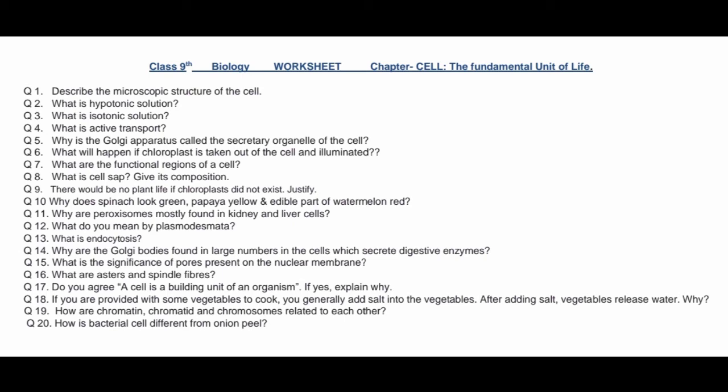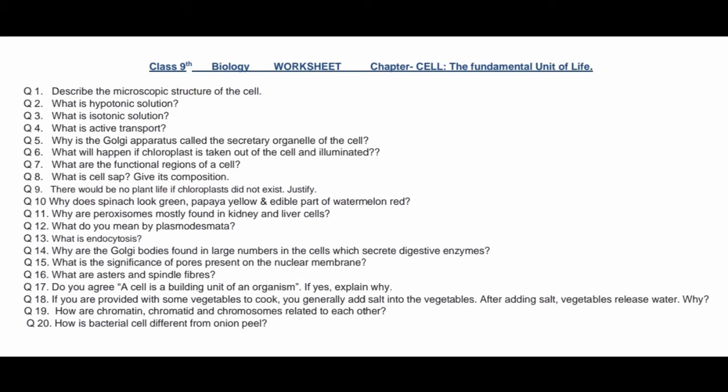We have seen that amoeba engulfs its whole food by folding the plasma membrane. So this process is known as endocytosis.